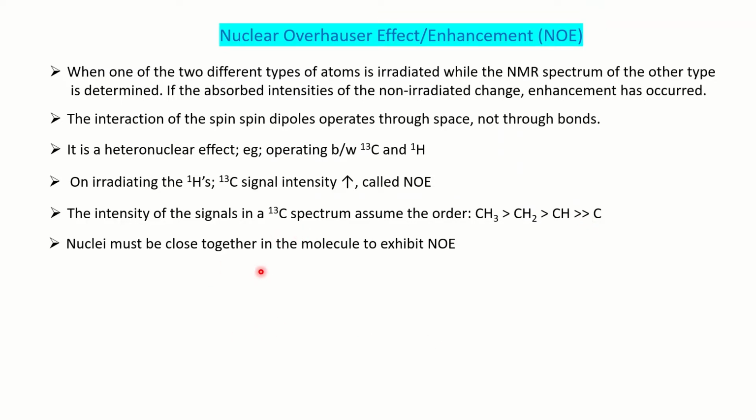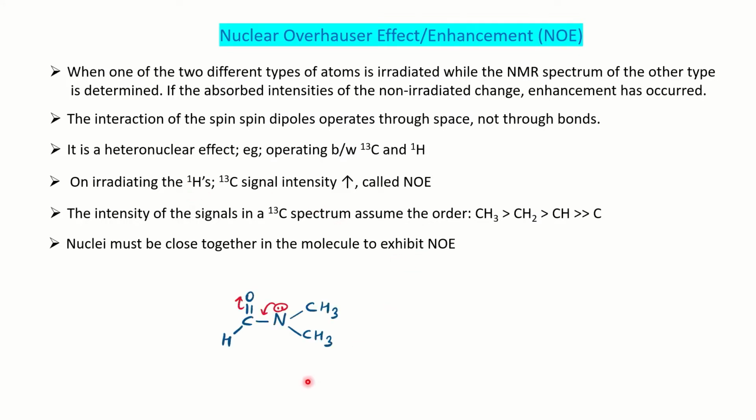The condition is that the two nuclei should be very close to each other to exhibit NOE. If you are irradiating a particular proton, then the intensity of the carbon in close proximity to this proton will be enhanced. Then only you will have NOE.